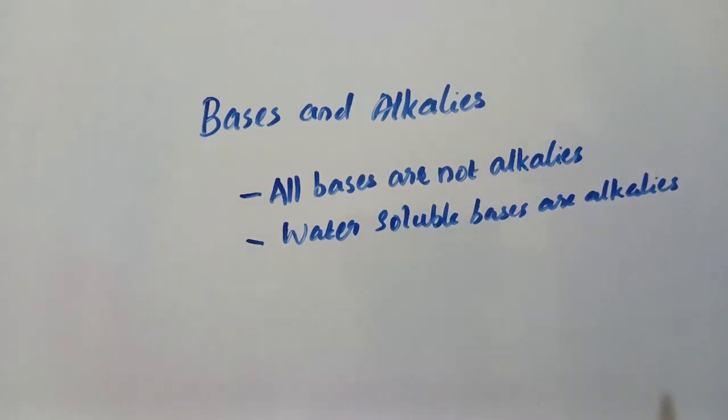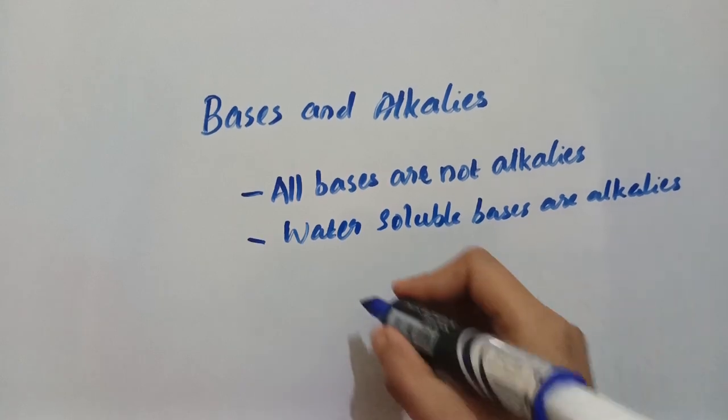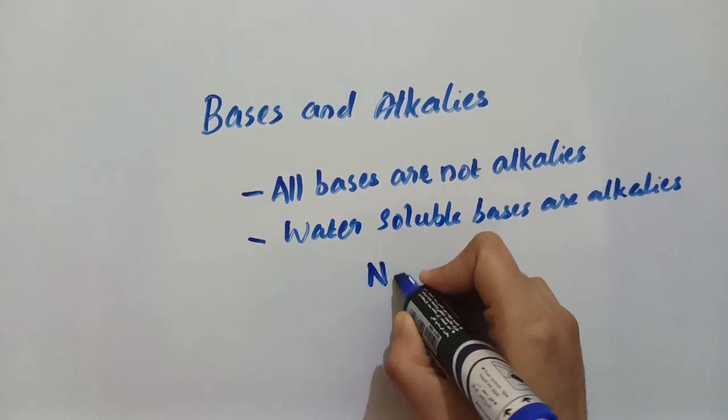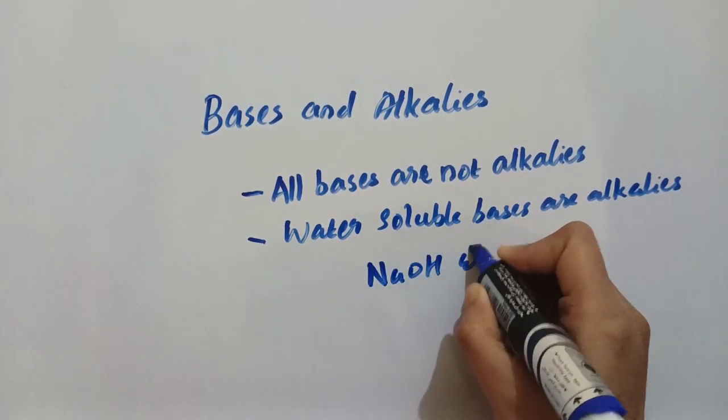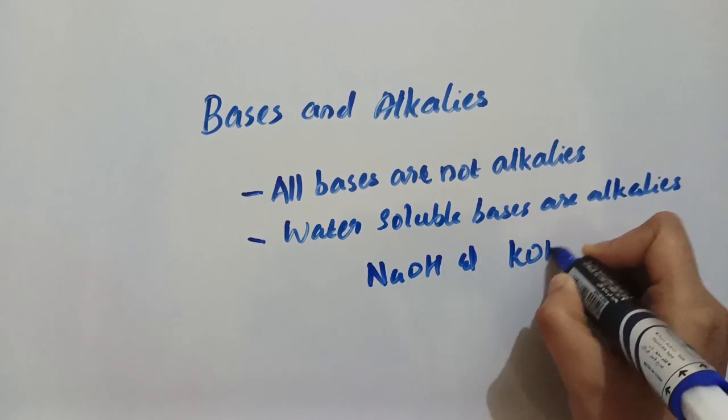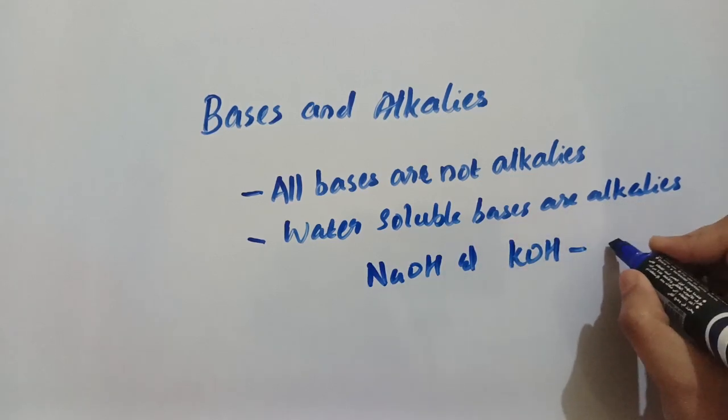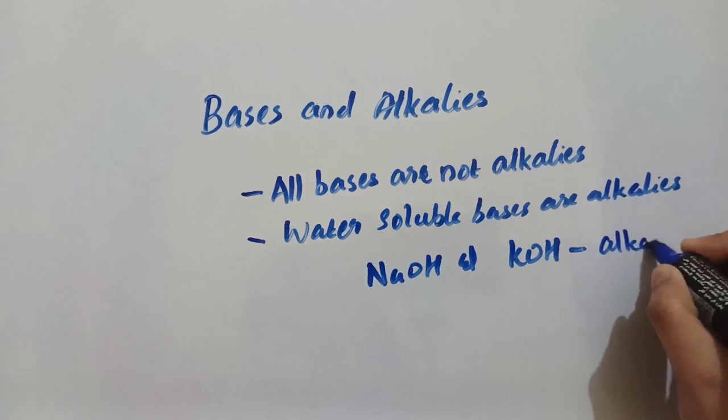Okay, next we can discuss what is base and alkalis. We can say all bases are not alkalis. The water soluble bases are alkalis. Therefore, we can say NaOH and KOH are examples for alkalis.